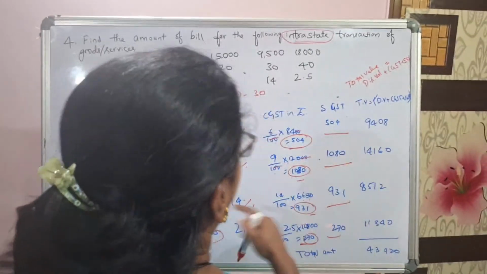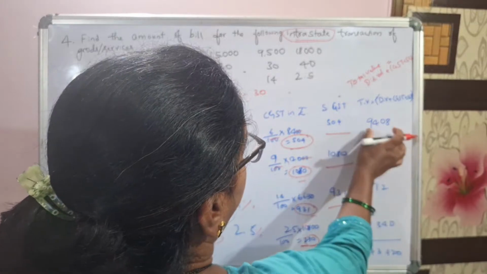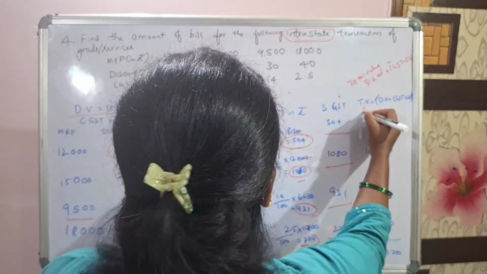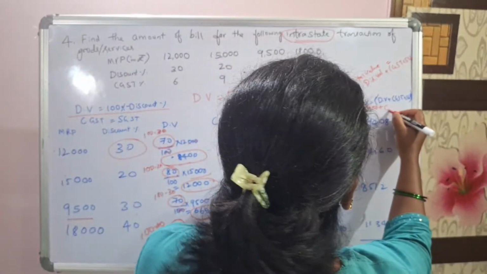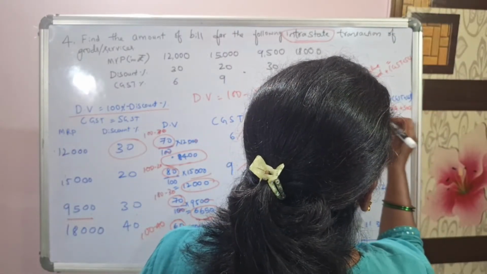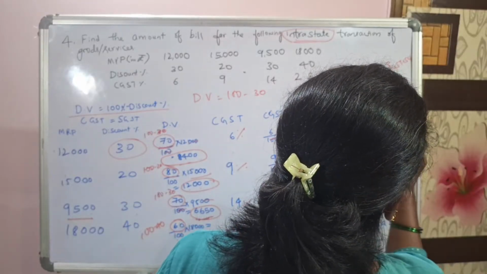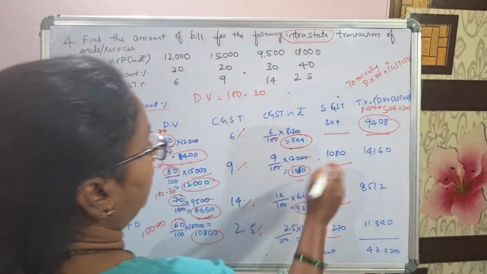So discount value is 8,400 plus CGST is 504 and SGST is also 504. So the final value is 9408.